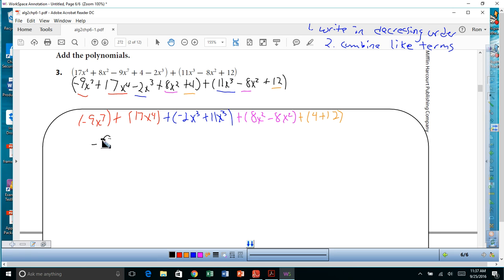You got negative 9x to the 7th plus 17x to the 4th plus, and then negative 2 plus 11, that's going to give you 9x cubed. And then 8 minus 8, those are just going to cancel out. Plus, and then 4 plus 12, that gives you plus 16. All right, good, good.